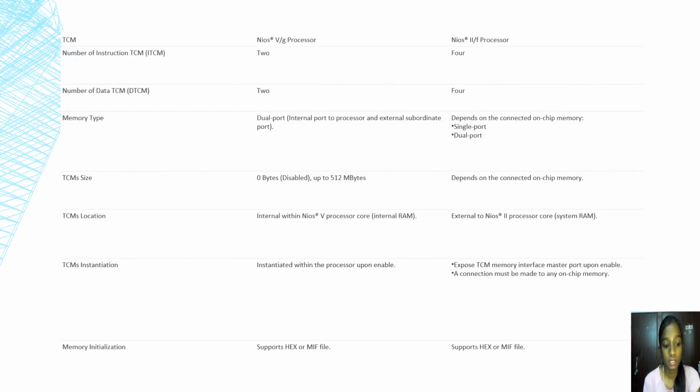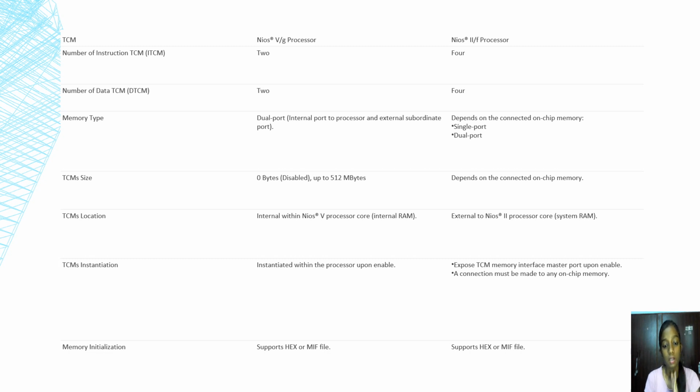So let us see the table where the TCM is differentiated by processors. The number of instruction TCMs is 2 in the Nios II/e processor and 4 in the 2F processor. The number of data TCMs is 2 and this is 4. Memory type is dual port, depending upon the connected on-chip memory: single port, dual port. TCM size is 0 bytes up to 512 bytes, depending on the connected on-chip memory.